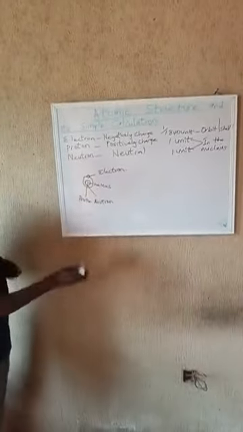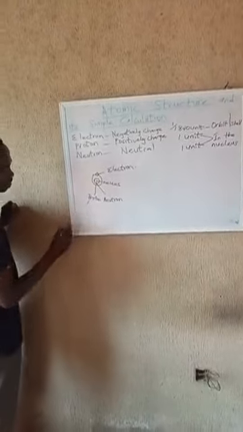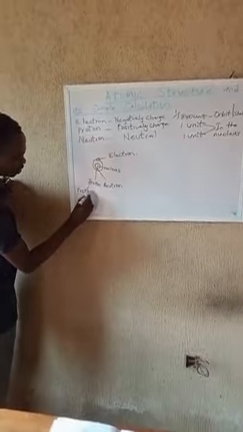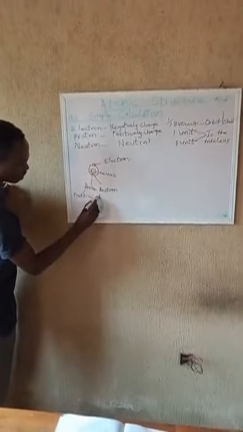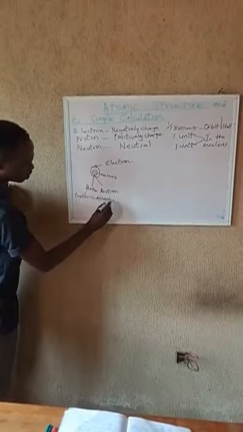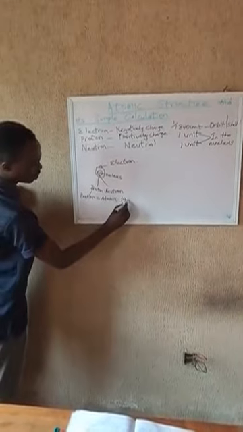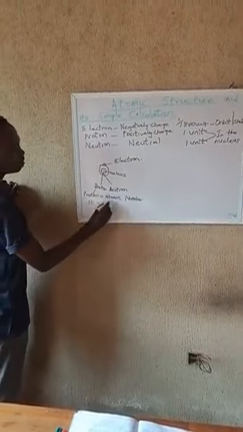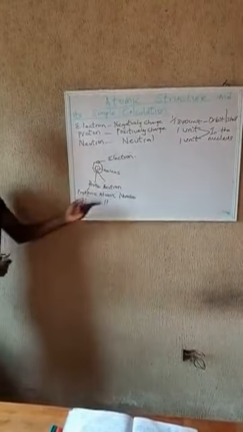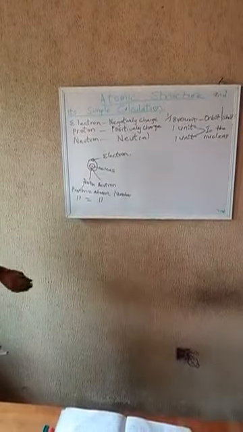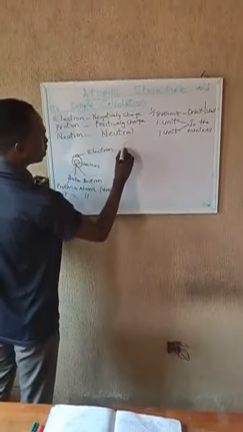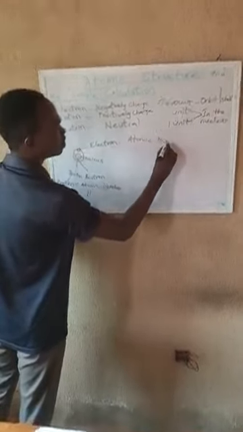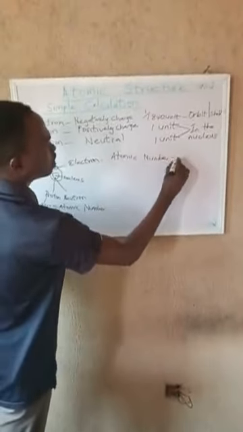The proton number is always equal to the atomic number. If the proton is 11, the atomic number will be what? 11. So, what do we now call atomic number?